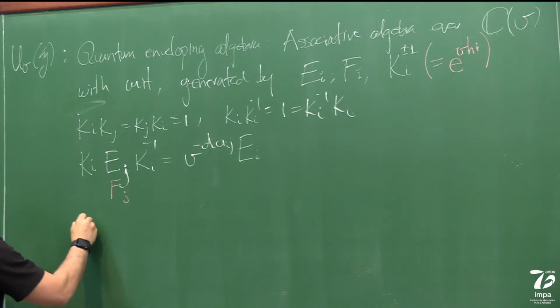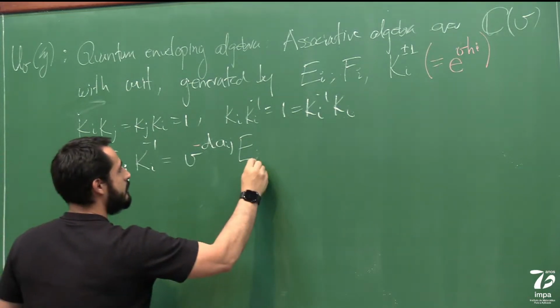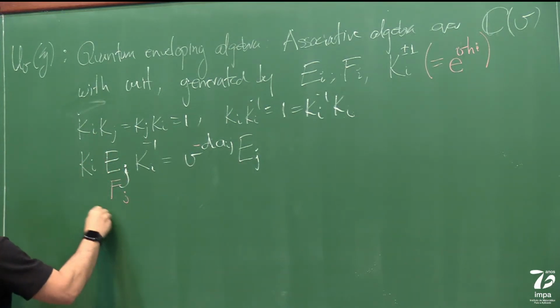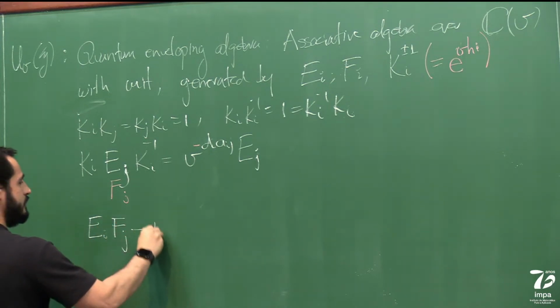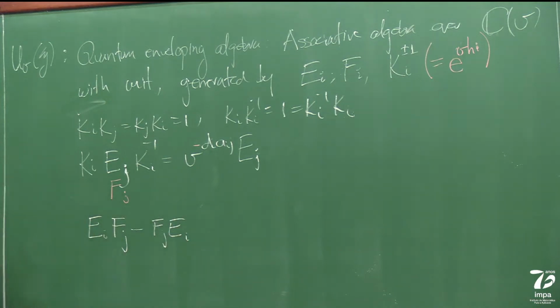And the other one is, sorry, j. And also, I have this one, E_i F_j minus F_j E_i, which is the usual bracket which gives you the H in the semi-simple case.